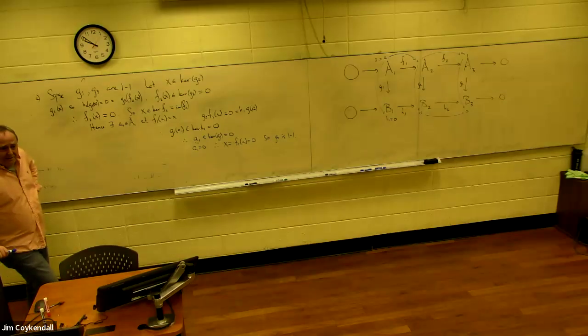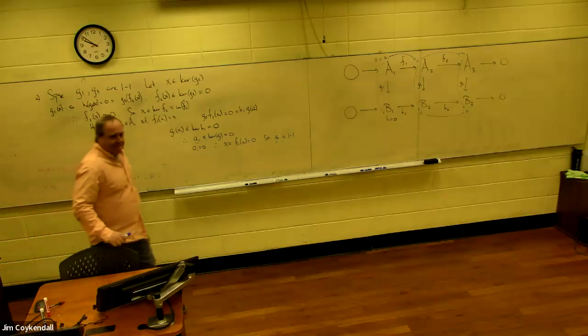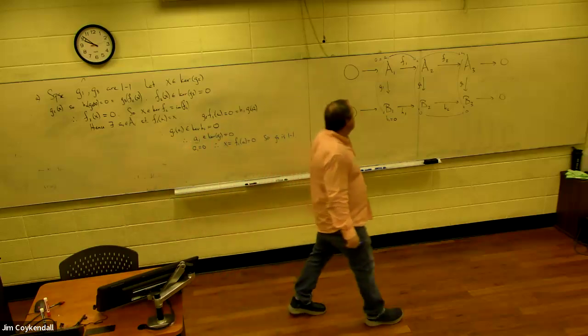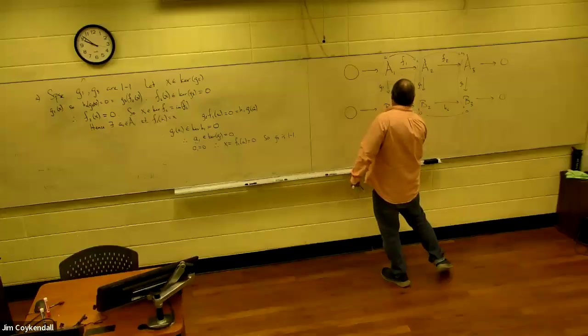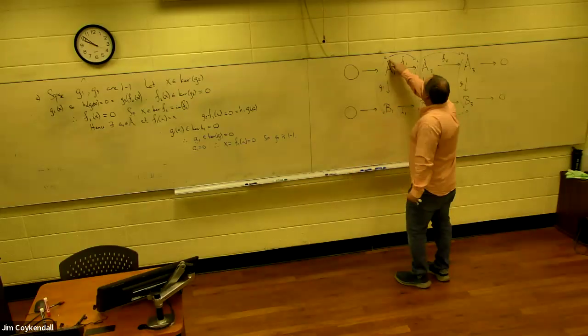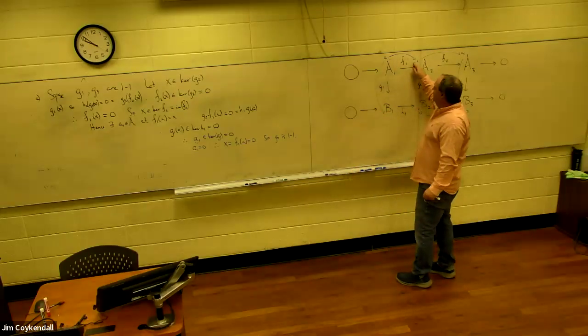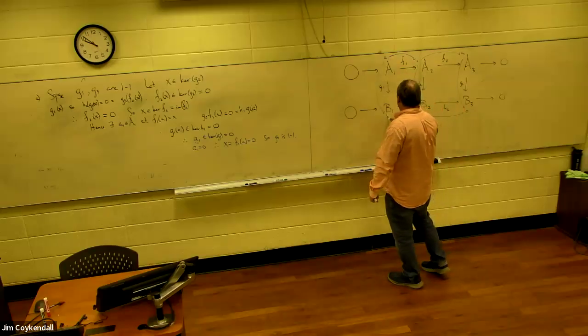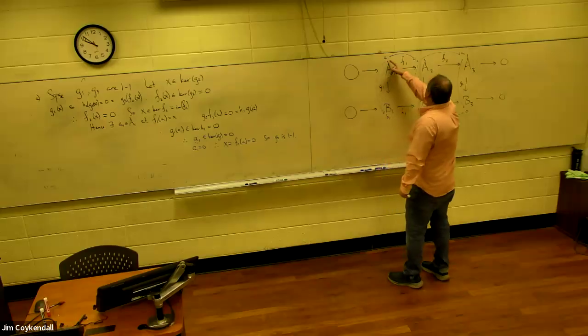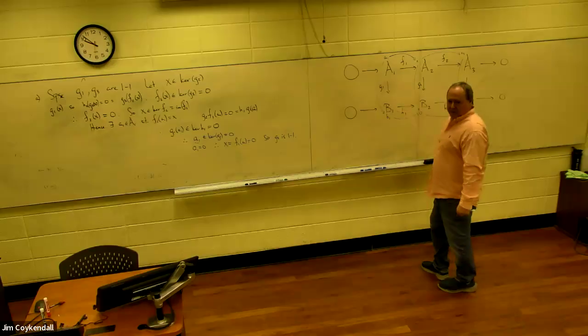Yes. I kind of lost track after finding A1. Okay, so you're good with A1 goes to X. Well, follow A1 this way. Since A1 to X to 0, B1 has to go to 0 because the diagram has to commute.